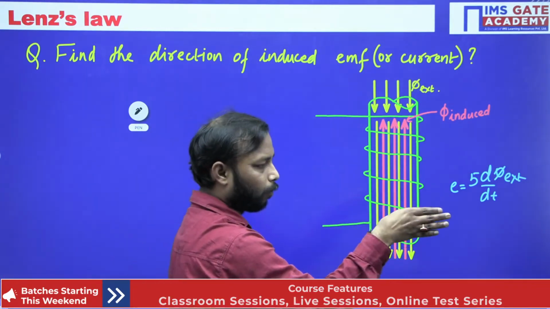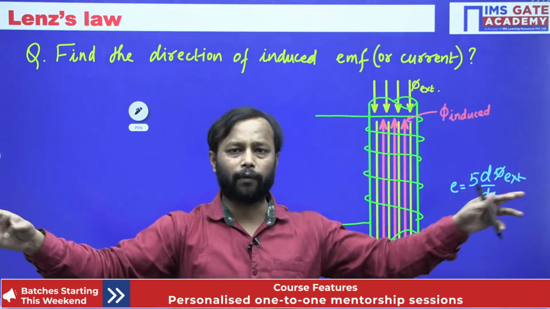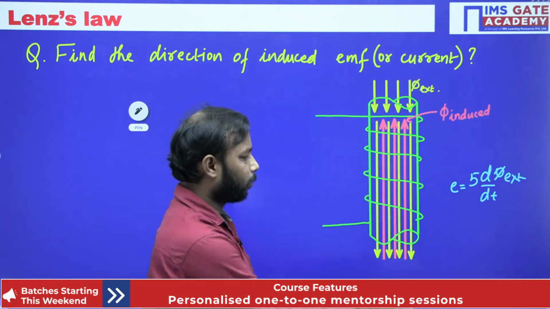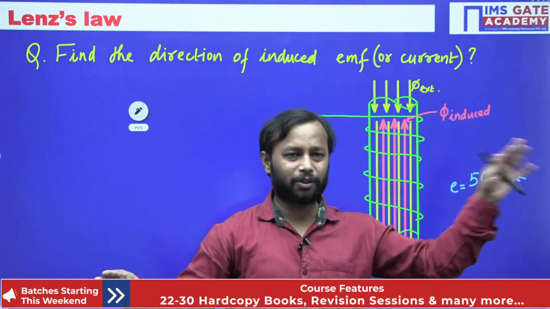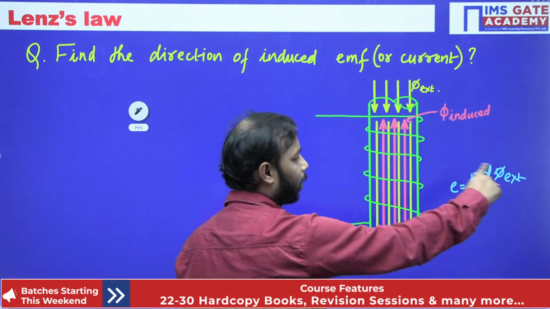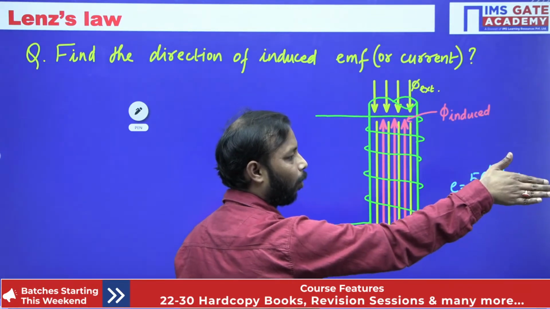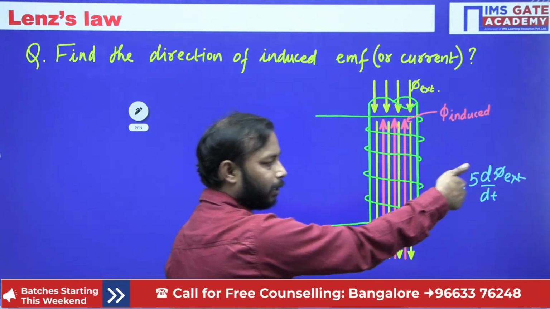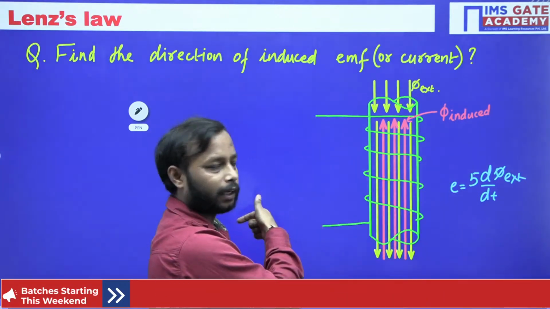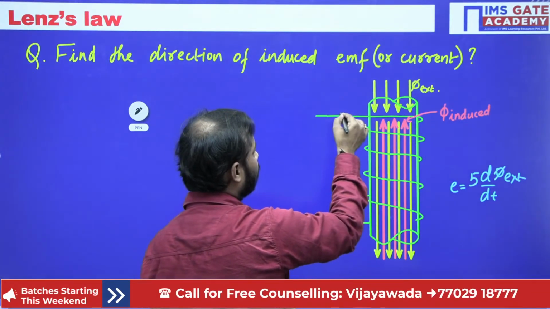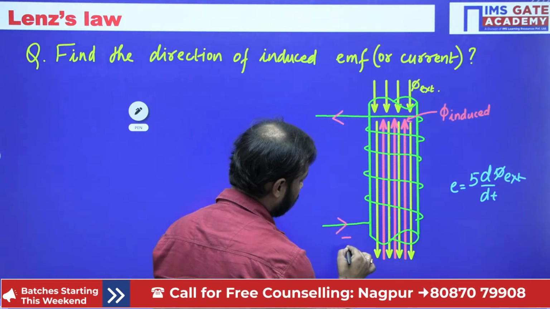From right to left, suppose if I am standing like this, so from right to left the current will flow, isn't it? And from back side it is coming like this. So the direction of current should be like this here, and it should be like here.